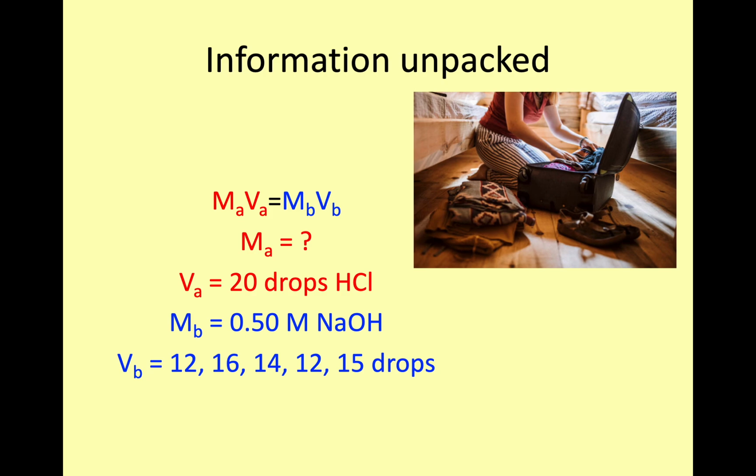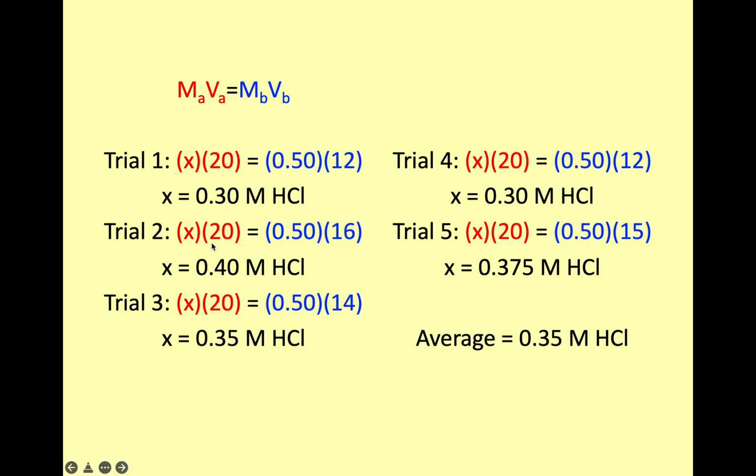We did 5 different trials, which means we have to do 5 different calculations. It's a pretty simple calculation, and this is exactly how your experiment is set up. You just plug in the algebra, and these are very nice numbers, so you could probably do them in your head.